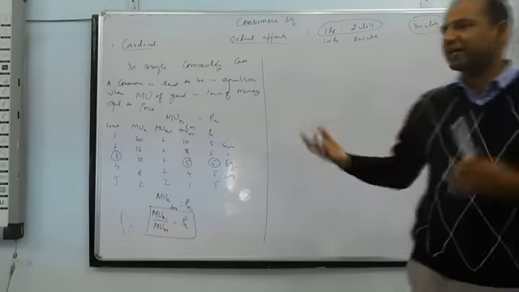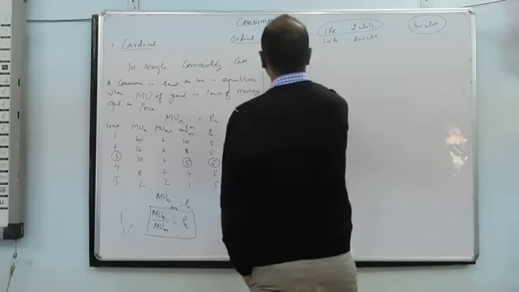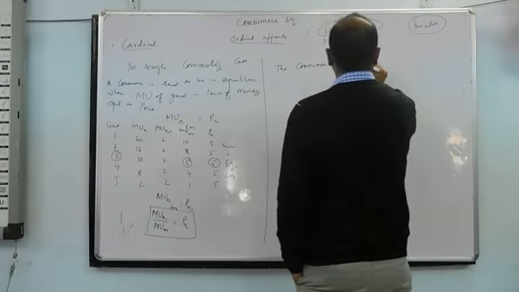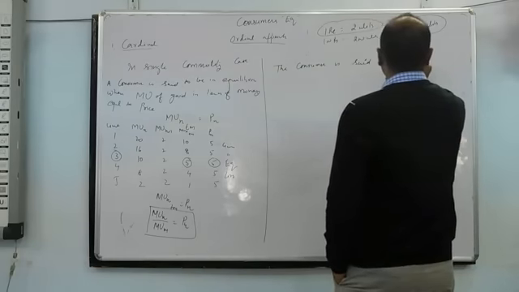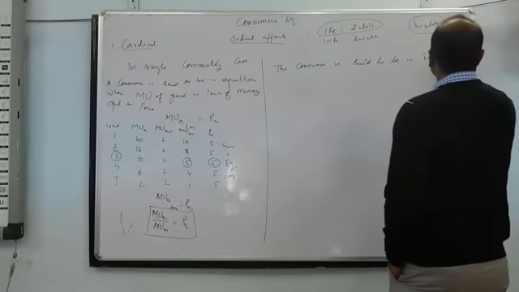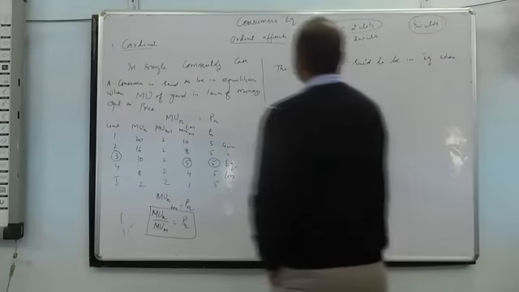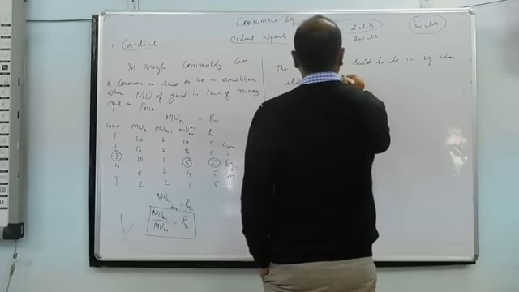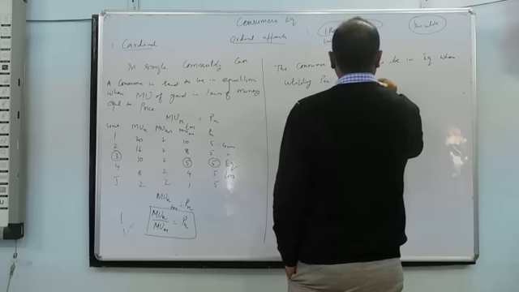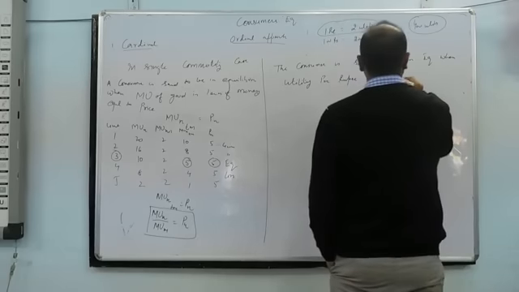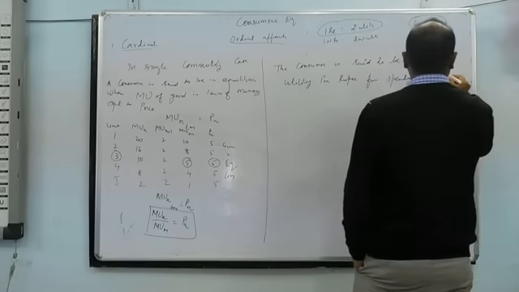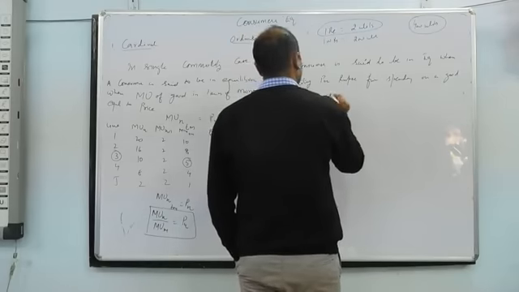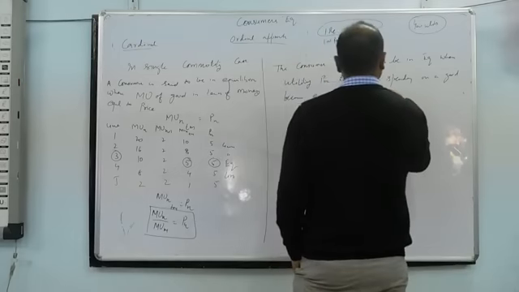Now the other way, directly we can say the consumer is said to be in equilibrium when utility per rupee from spending on a good becomes equal to utility of money.